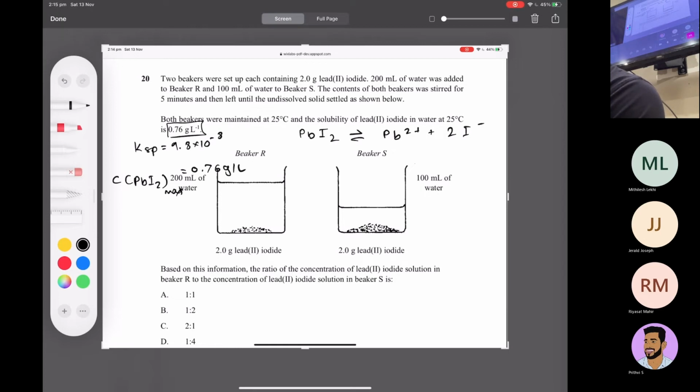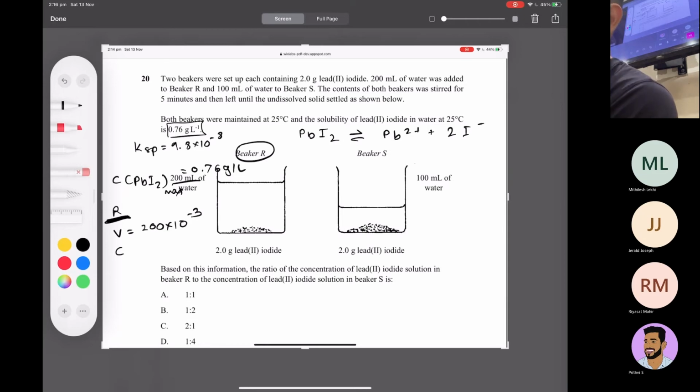So we'll start with bigger R, right? Do you all agree only 0.76 grams per liter can dissolve, and in 200 ml it's going to be much less than that that's actually dissolving? Right? So let's actually find that value out. So what is the bigger R in 200 ml? So when V is equal to 200 times 10 to the power negative 3, what is the concentration?